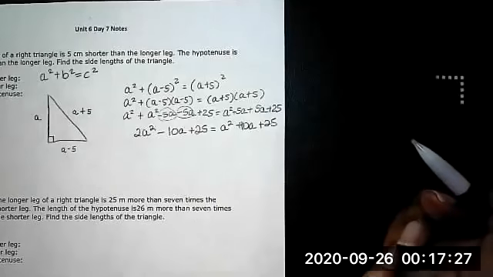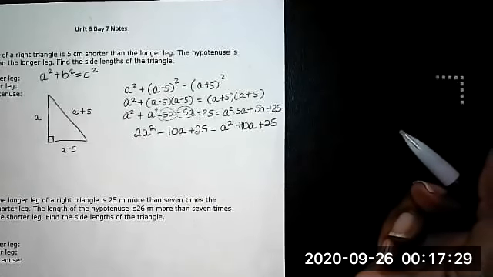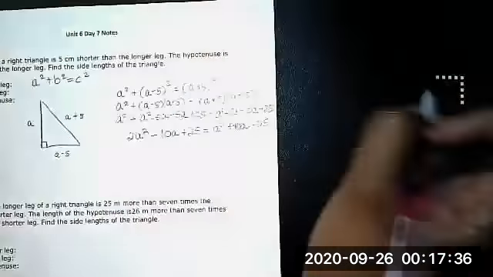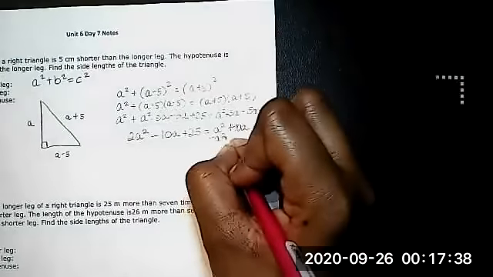And if we have all these squares, we're going to be solving or factoring. Since we're going to be factoring, let's go ahead and get everything equal to 0.